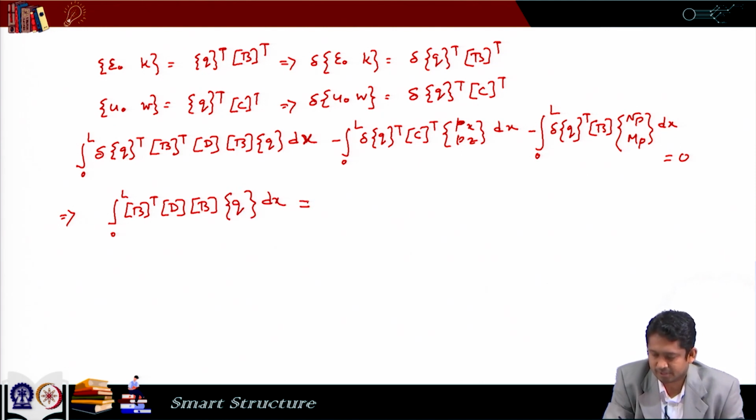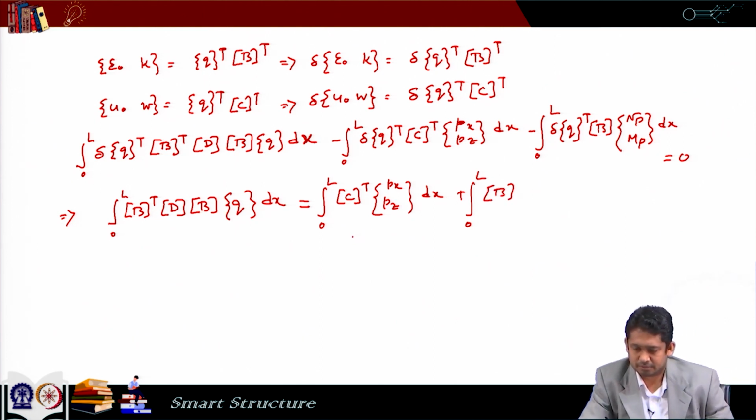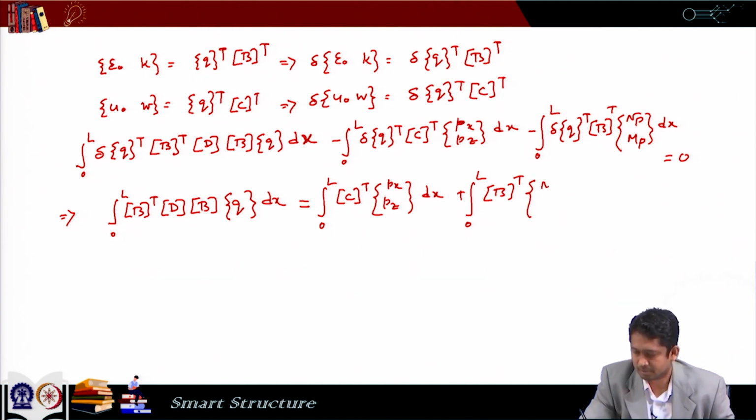we have this equal to integral 0 to L, multiplied by Px, Pz, plus, one transpose should be there, so multiplied by B transpose, NP, MP.